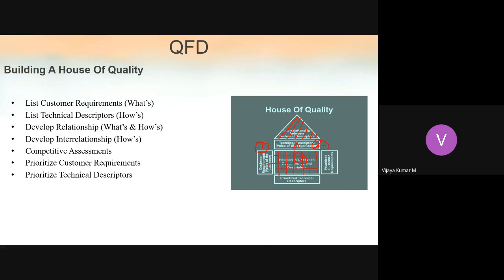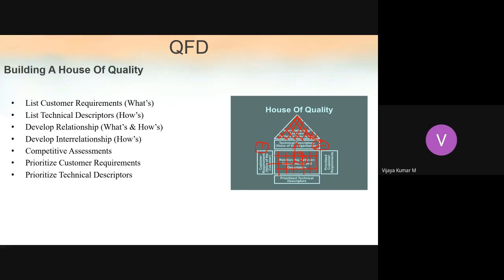And again, this is about the customer requirement, and technical descriptors also you must be having, right? So this, and one more for this.